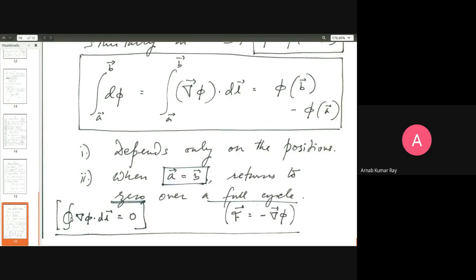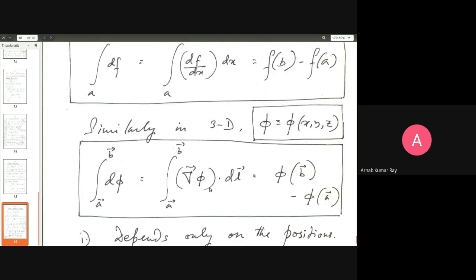You thought that you had done a good deal of labor, but in a conservative field, you will have to accept that the work you have done ultimately is equal to 0, although you have carried a heavy weight up and down, from the ground floor, let's say, to the roof of your house, and then come down again. So that is what it is.